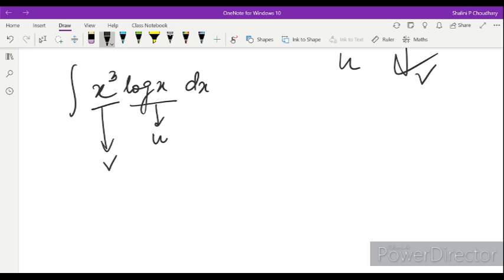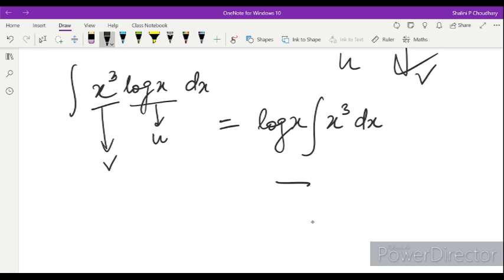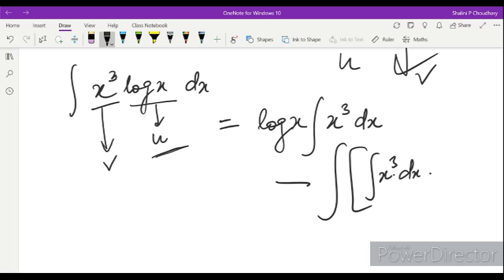Now what we have to do? We take u, so this will be equal to log of x, times the integral of x to the power 3 with respect to x, minus the integral of, again, the integral of v, which is x to the power 3, with respect to x, multiplied by the derivative of u.